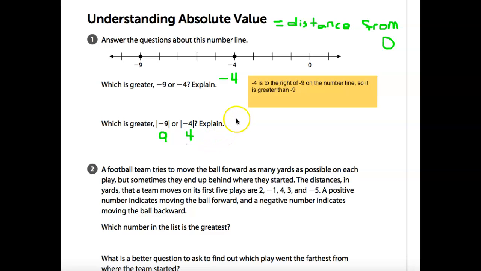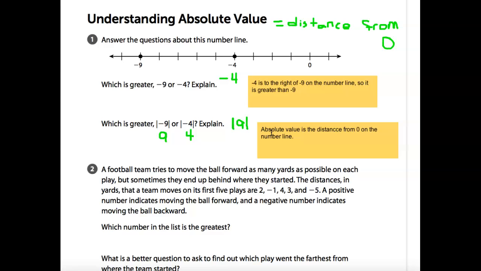Well, the absolute value of -9 is greater than the absolute value of -4 because, let me type this in so that it's easier for you to see. As I said, absolute value is the distance from 0 on the number line. So distance isn't negative, it's just steps from 0.